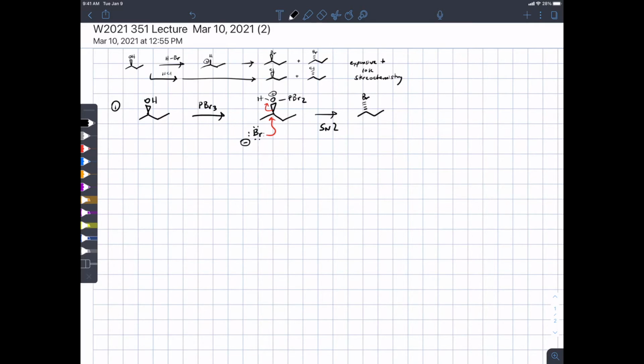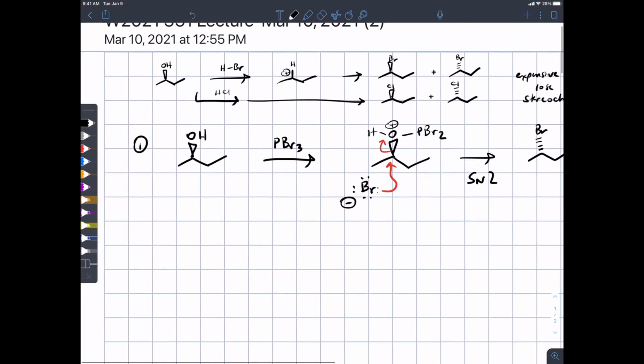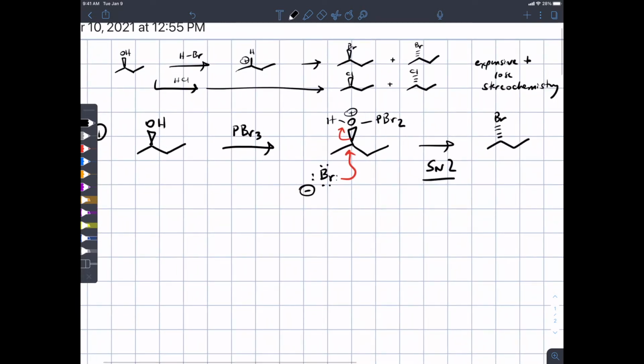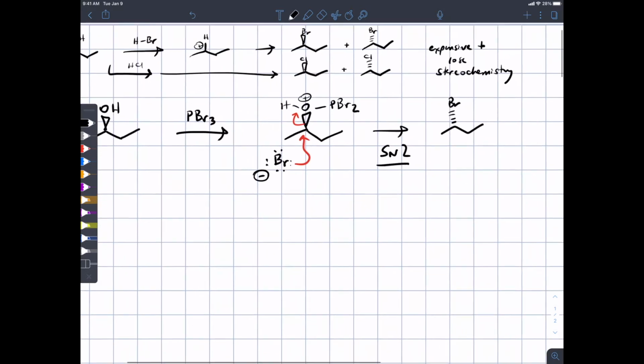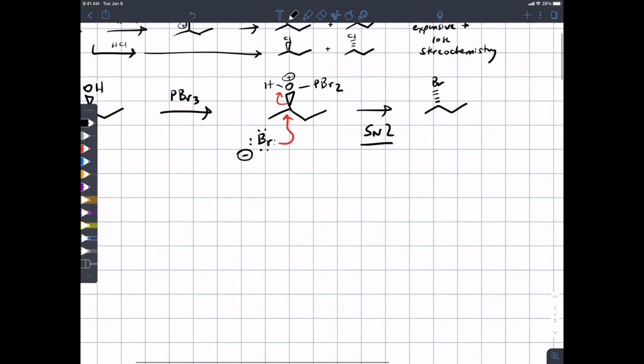Now, one thing that came up in office hours that I want to point out is you may have been worried about Br- doing SN2 chemistry because we've generally said that good nucleophiles have conjugate acids with pKa's that are greater than 0.